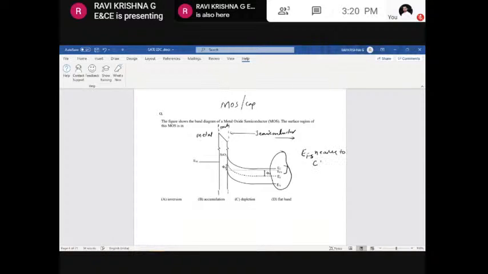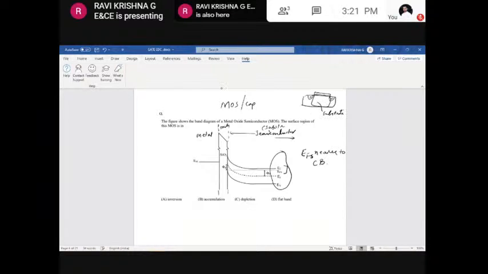Which means this is the substrate region, because if I take the MOSFET, this is your N plus, this is your N plus, this is the oxide, and this is your metal. Usually nowadays this metal has been replaced by polysilicon. So this is your substrate or the semiconducting region.